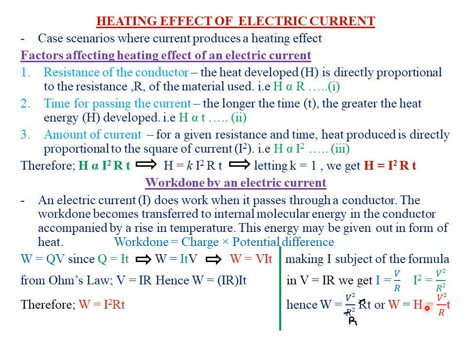So just know one formula, then be able to derive the other formulas. I'm giving you different formats of the same equation because you will be encountering questions demanding the use of one of these equations to calculate the work done by an electric current.